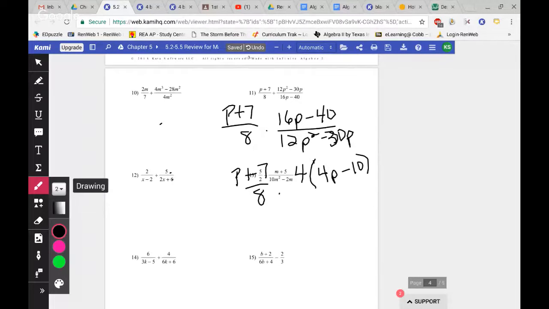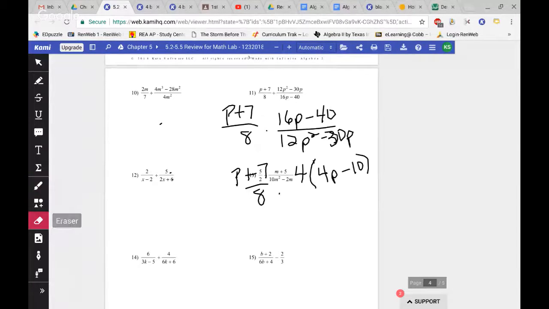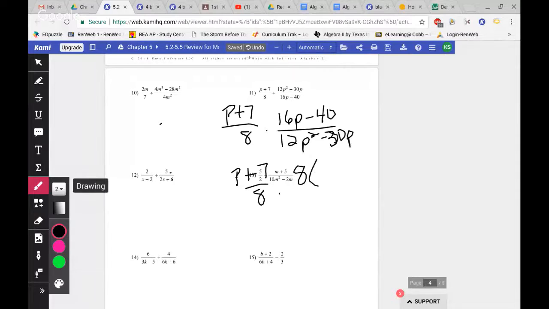You recognize that 4p minus 10, you're like, oh, I can still take a 2 out. So you would then just make it 8 times 2p minus 5. There we go.